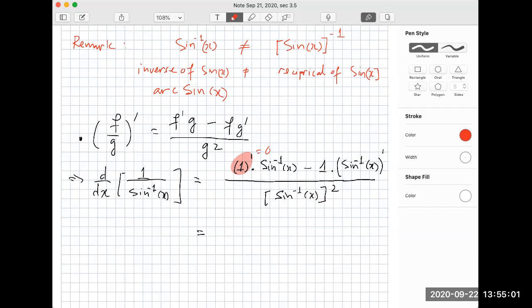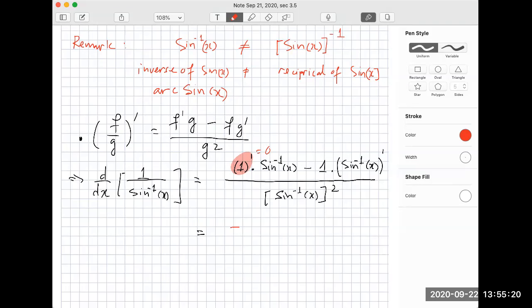And remember, the derivative of sine inverse, if you don't remember, let me write it down for you because we proved it yesterday.